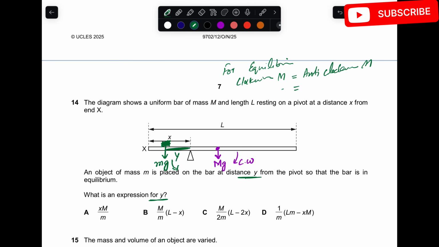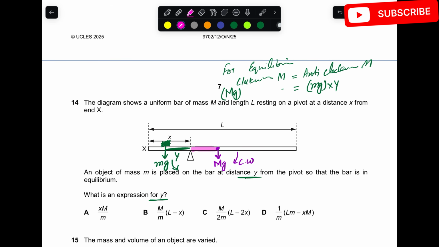The force is mg. Moment is force into distance, right? Force is small m and g, and the distance is y. The distance we always take between the force and the pivot point. So this is the distance taken. But for the clockwise moment, the force is Mg. Force is capital M and g. The distance you have to take is basically this distance.